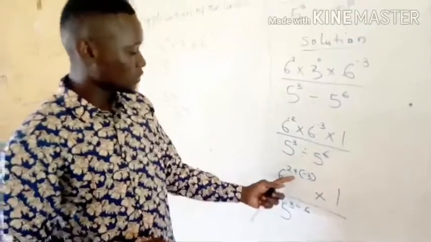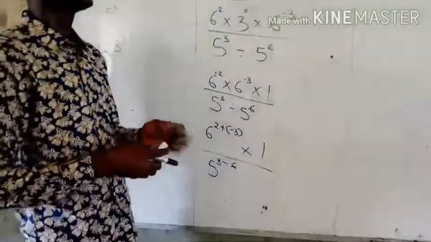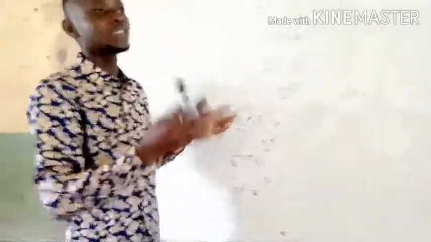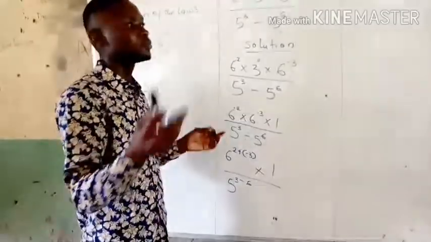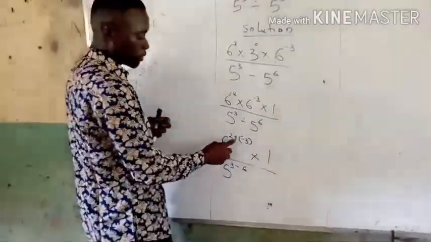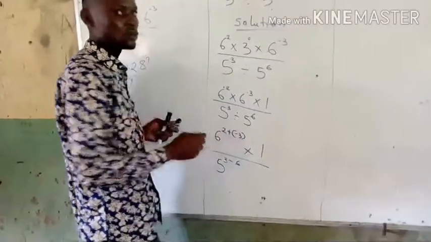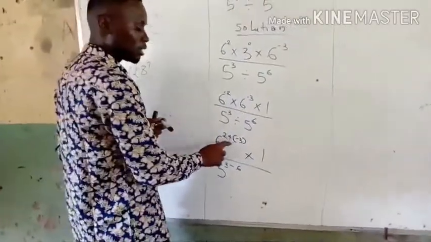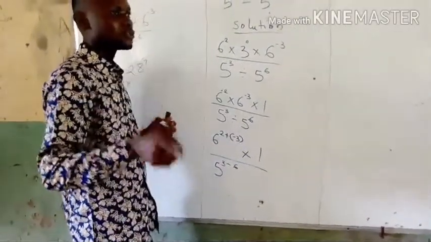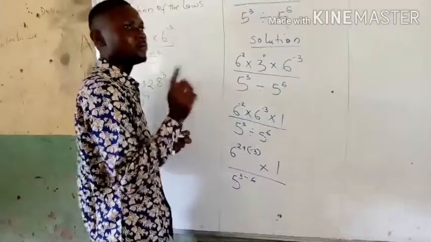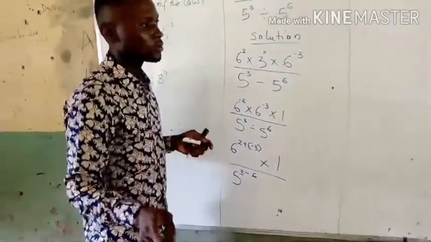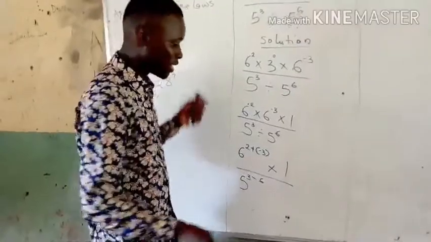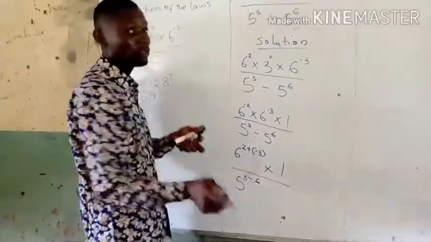So now let's start. From our normal plus times minus rule, minus times plus rule, we know that plus times minus will give us minus. Minus times minus gives us plus, and minus times plus gives us minus. Plus times plus gives us plus. Now, plus times minus will give us minus.